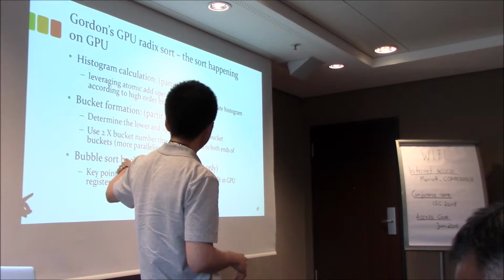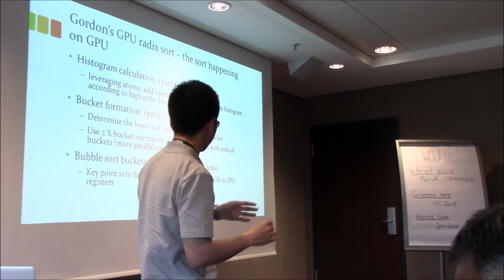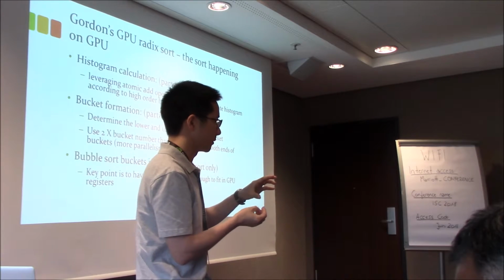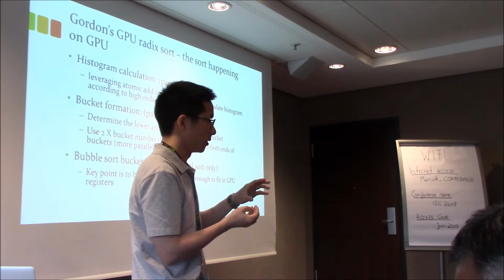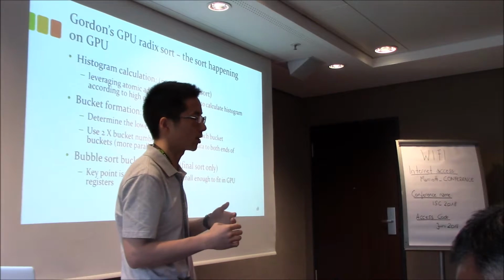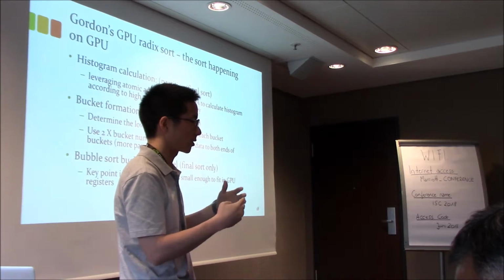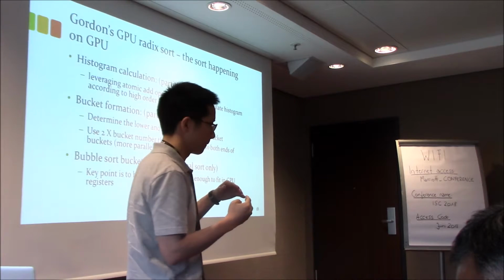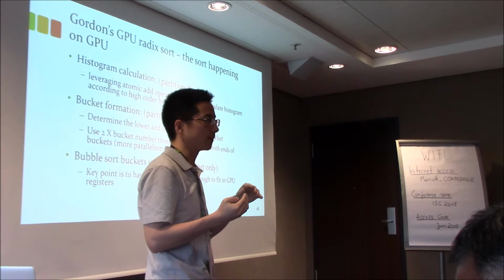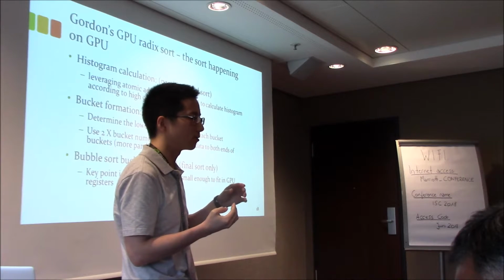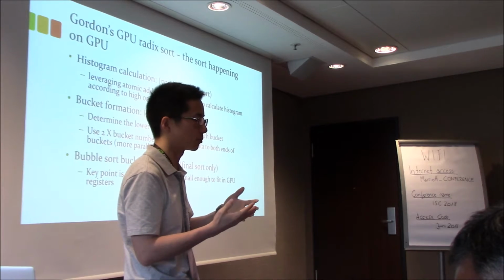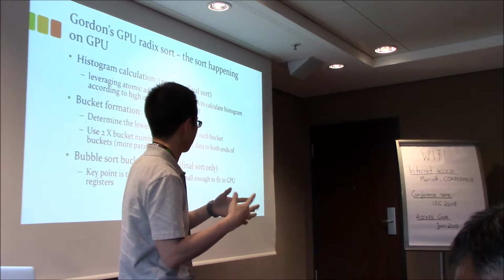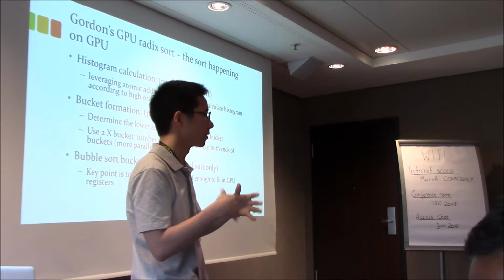And after all the records have been accumulated in the buckets, the next thing is to use some simple sort scheme to sort the data in sequence for each bucket. The number of records in each bucket is pretty small, so roughly all data fits in GPU registers. This also makes it run fast.